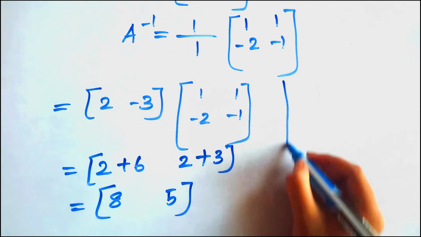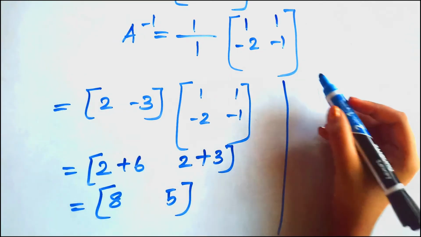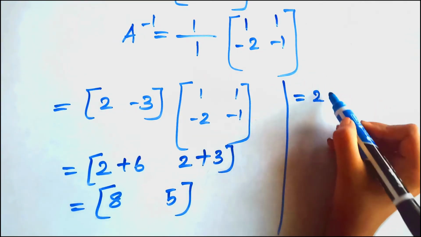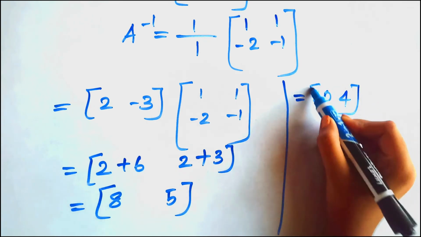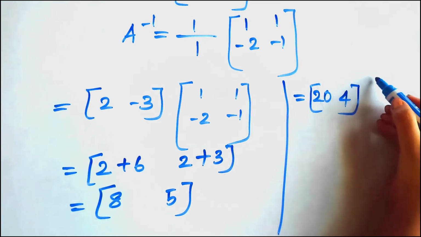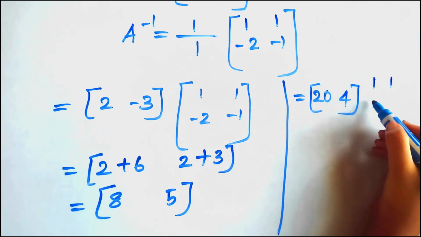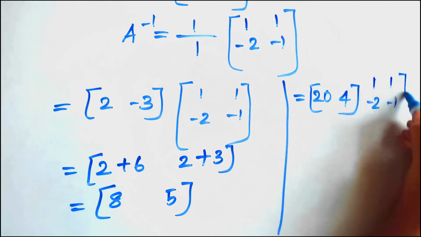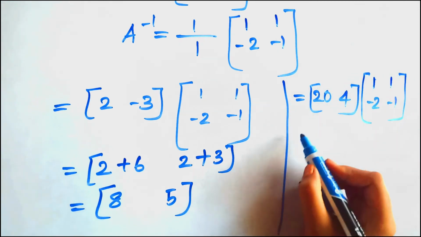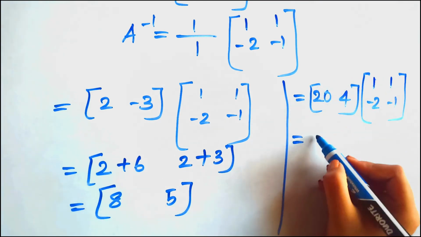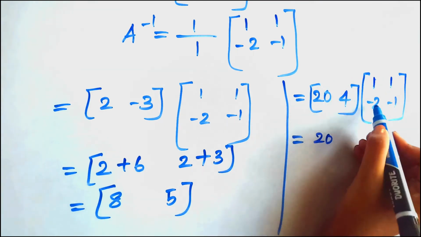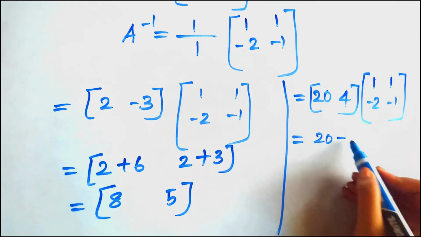So similarly we take the other row, which is 20 and 4, and we write the matrix which we have found, 1, 1, -2 and -1, right? So now let's multiply. 20 into 1, it will be a 20, and 4, here there is a minus, so we are putting a minus sign here.